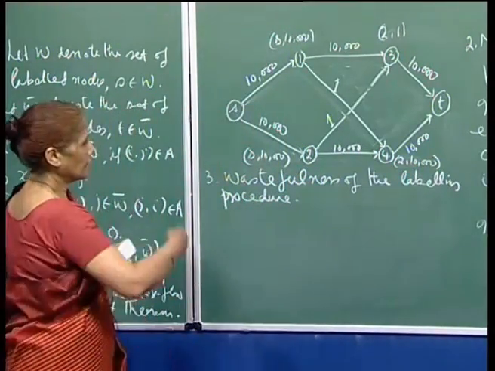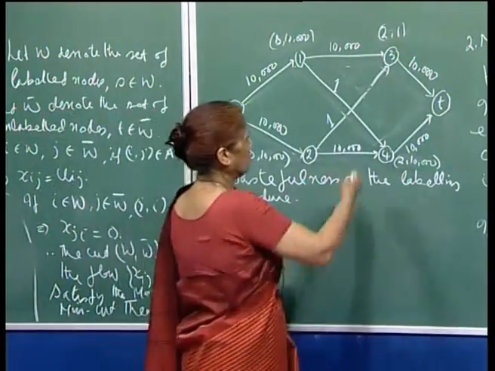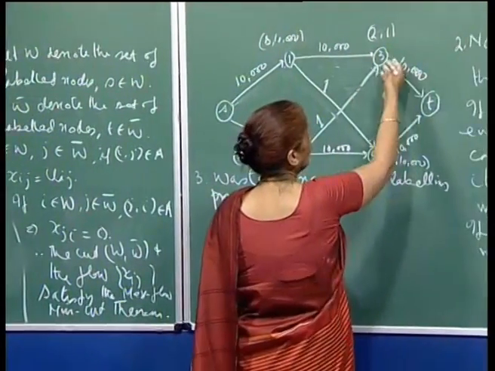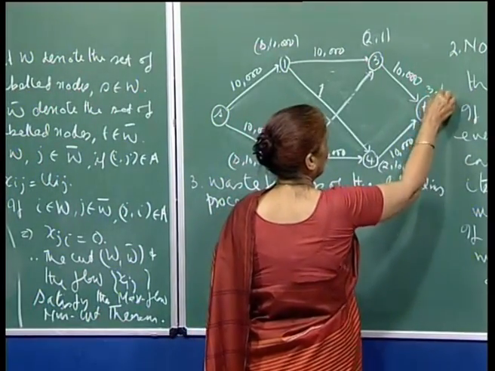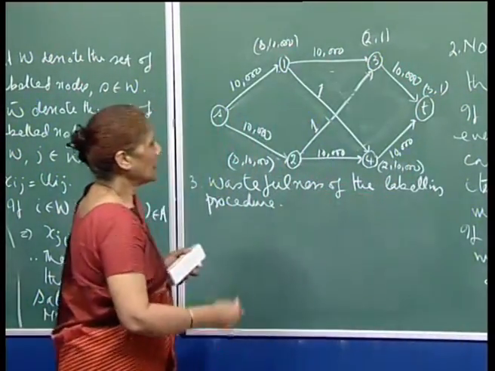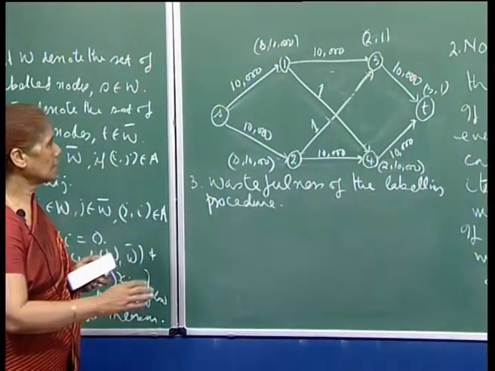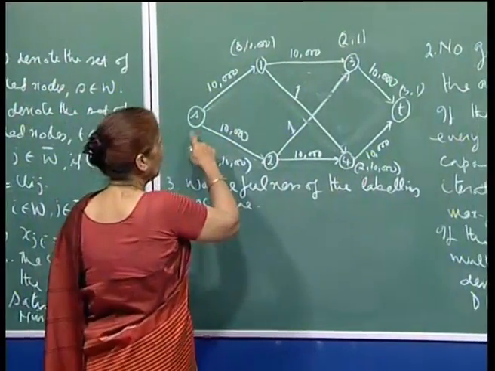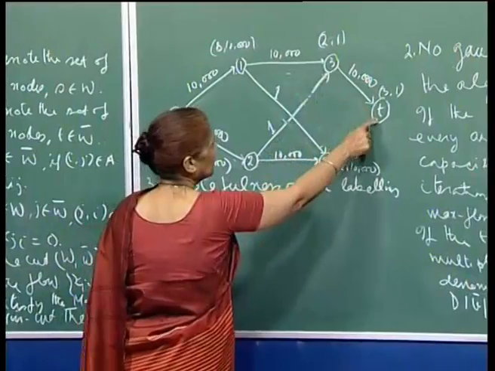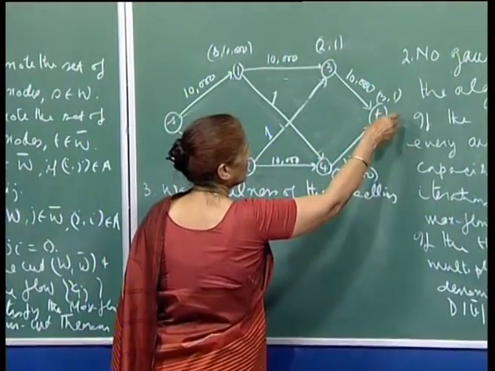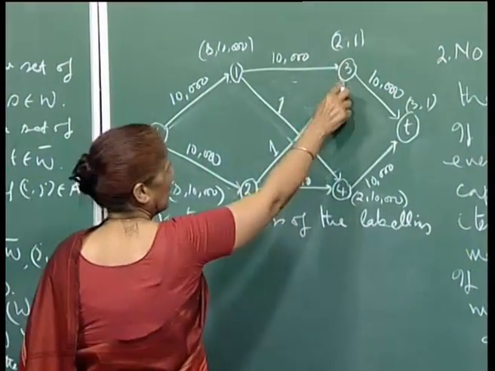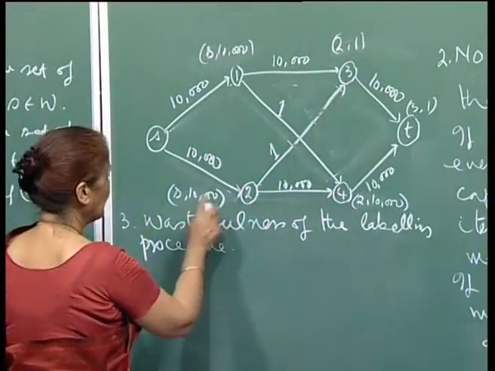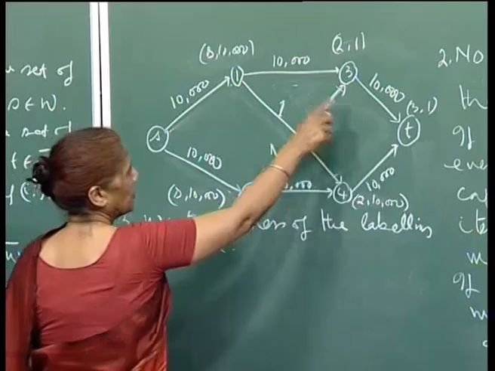Then again if I choose 3, for example, then the label for T would be 3 and 1, right. So, once I have labeled T, I can augment the flow along the path S, 2, 3 and T, because I came to T from 3, to 3 from 2, and to 2 from S. So, this is my augmenting path.